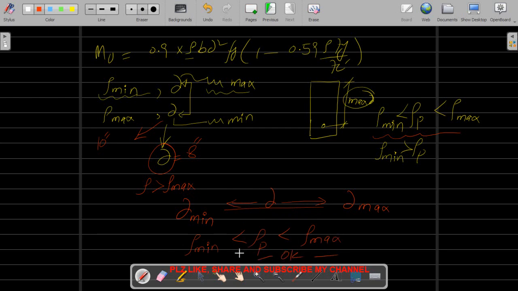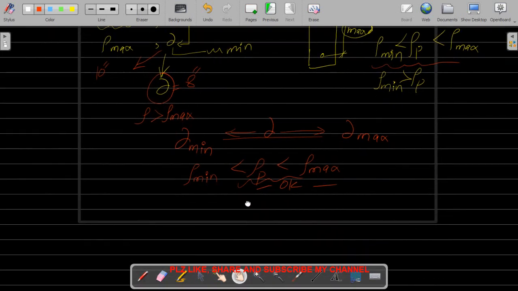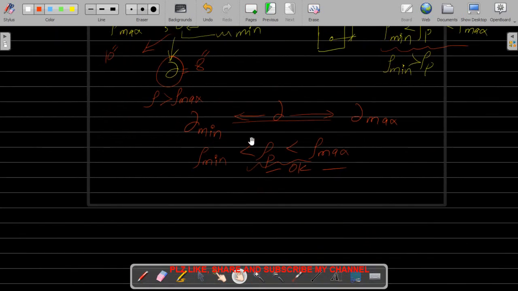If our depth D does not satisfy these two depths, this check will fail. So this is very important, that you find a depth which will pass this check. Otherwise you have to revise your design.